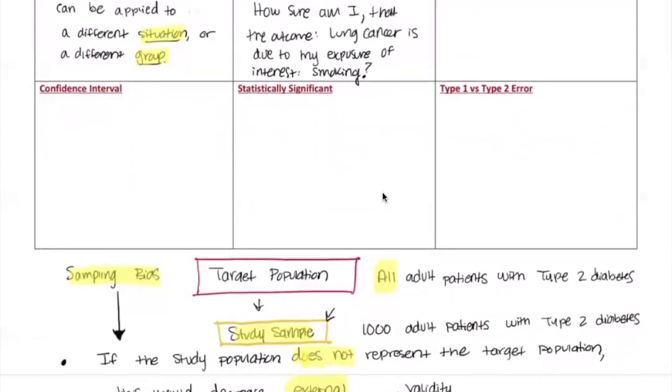So if for whatever reason your study sample is not actually a good representation of your target population, then you're going to introduce sampling bias, and that is going to decrease the external validity, or the extent to which the results of your study could be generalized to a different context or a different situation.